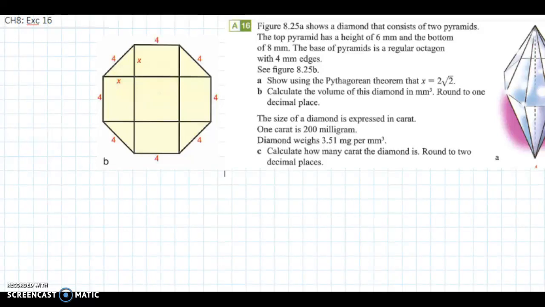Chapter 8, exercise 16b. We have to calculate the volume of this diamond in cubic millimeters, rounded to 1 decimal place. First of all, you have to remember that when we're working with formulas like this, we use some steps. The first step is to write down the formula.